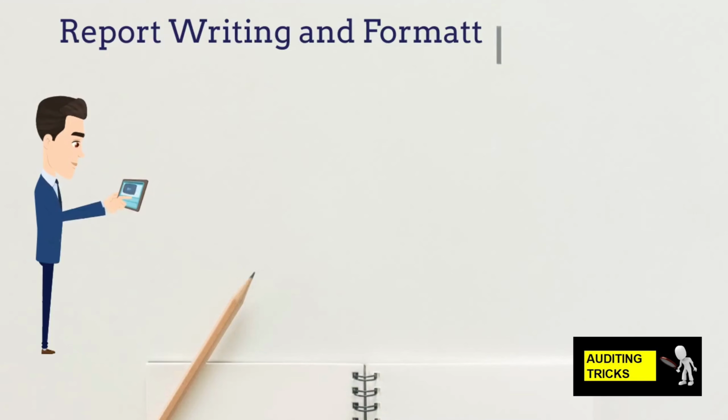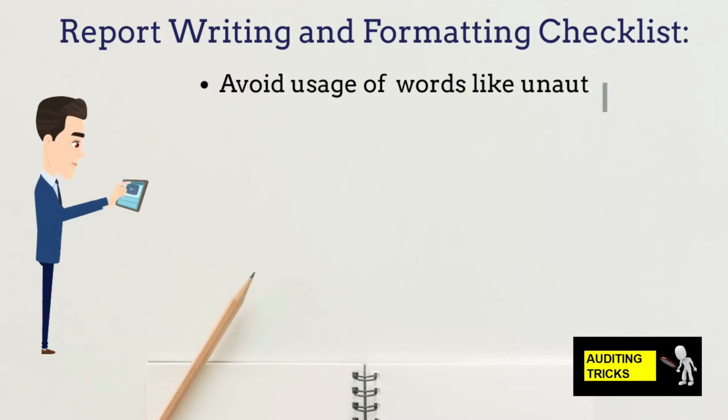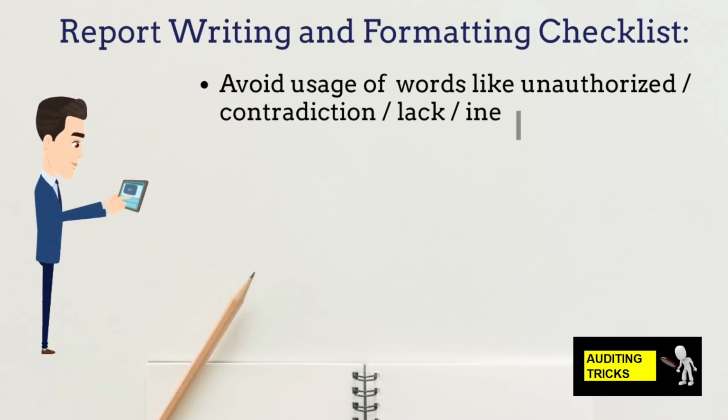You should avoid using strong negative words like unauthorized, contradiction, lack, inefficient, anomalies, etc. You can use other positive words. You can use hyperlinks between annexure and observation slides. They should be two-way.